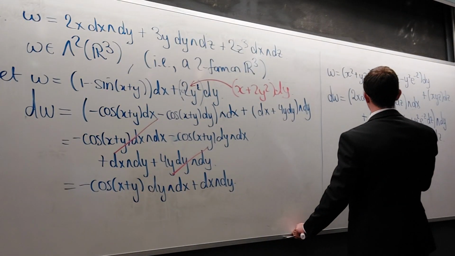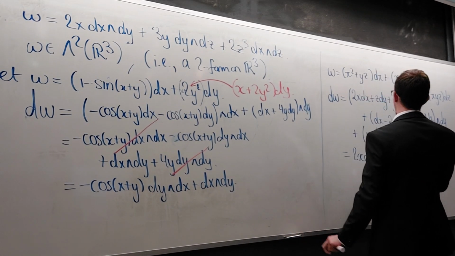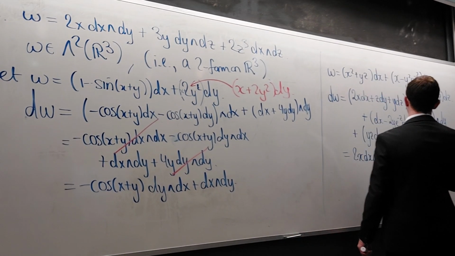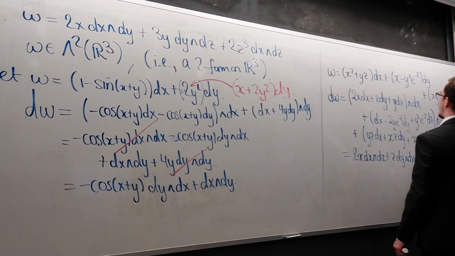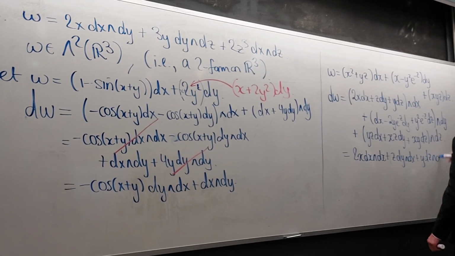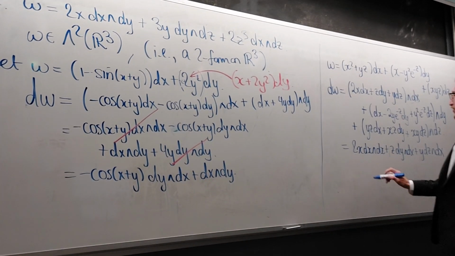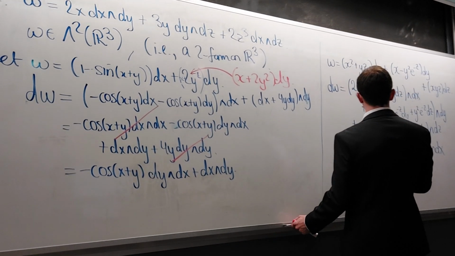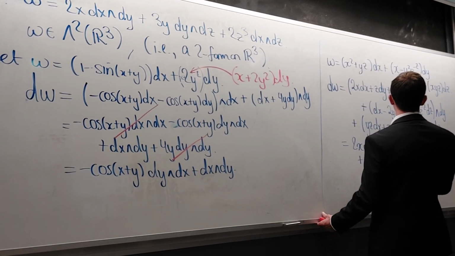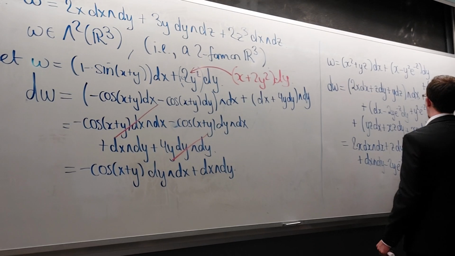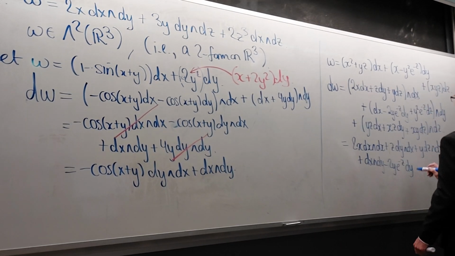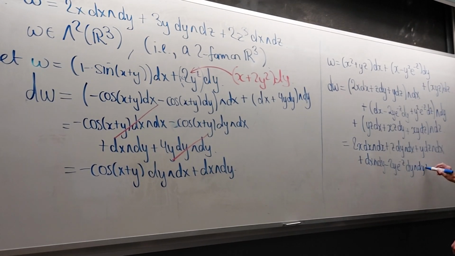I get 2x dx wedge dx plus z dy wedge dx plus y dz wedge dx. That's the first term. The second term, I should have dx wedge dy minus 2y e to the minus z dy wedge dy plus y squared e to the minus z dz wedge dy.